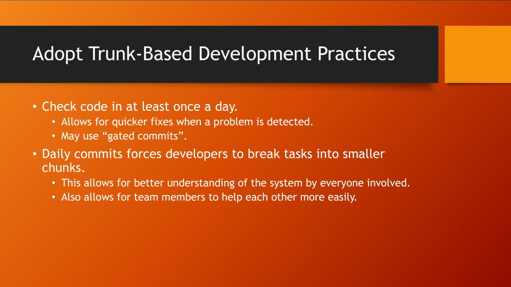You can't do a lot of work in one day, so it's easier for QA or whoever on the team to look over the code and make sure it's good. This allows for better understanding of the system by everyone involved, and it also allows team members to help each other more easily.